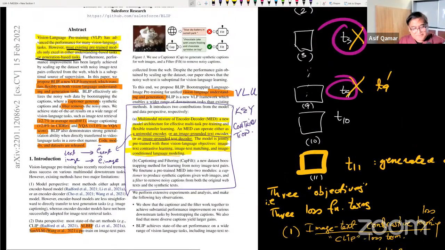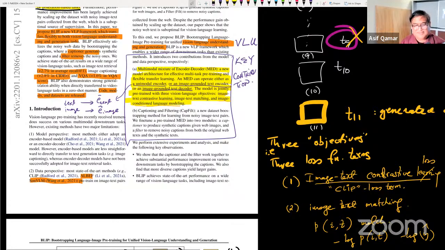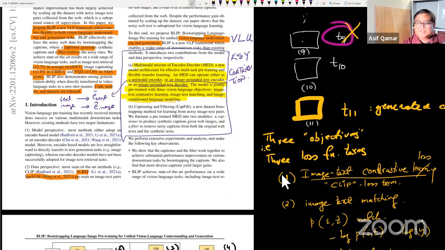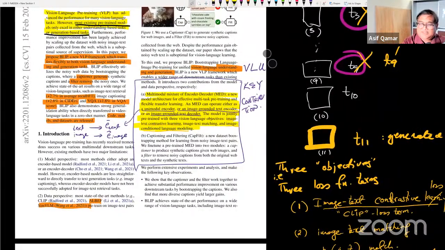So guys, are you having fun reading this paper carefully? You see, there's a lot packed into the sentences. So that was only one of the contributions. And then it goes on to say there is another contribution, captioning and filtering. A new dataset bootstrapping method for learning from noisy image text pairs.